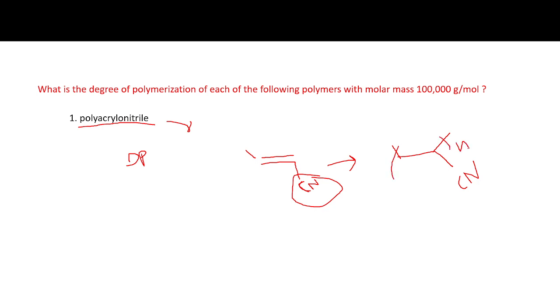Now we have to find the mass of this repeating unit, because we know that the degree of polymerization is equal to the molecular weight of the polymer divided by the molecular weight of the repeating unit.